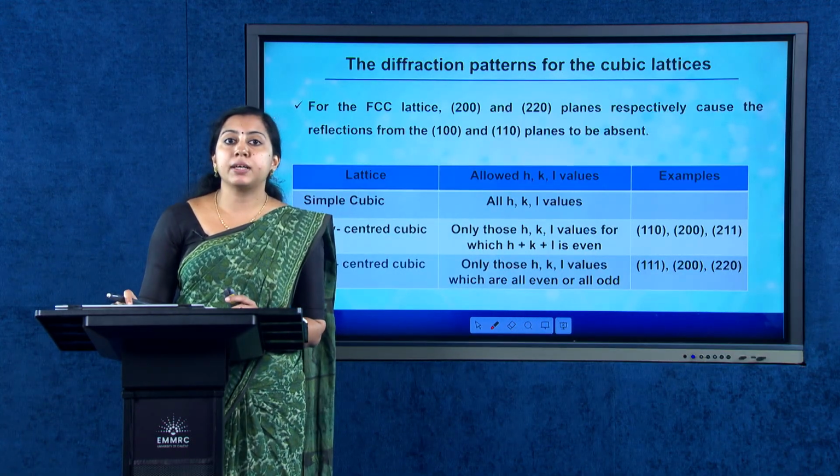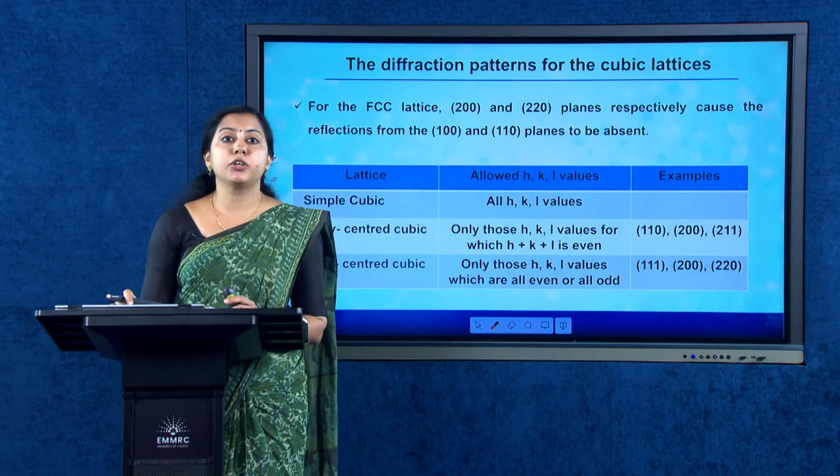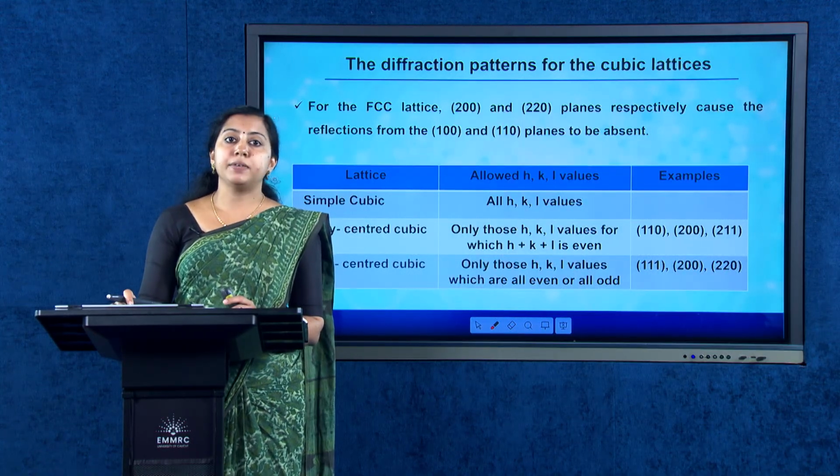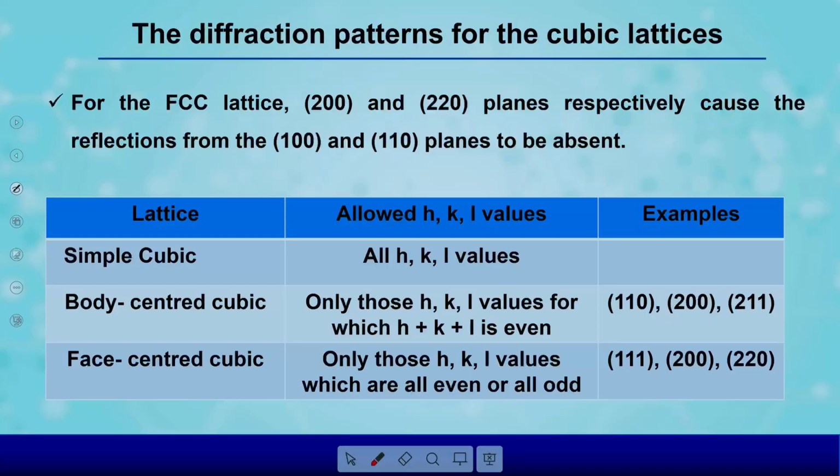Similarly, when we consider a face centered cubic lattice, for an FCC lattice, the 200 and 220 planes respectively cause the reflections from the 100 and 110 planes to be absent.